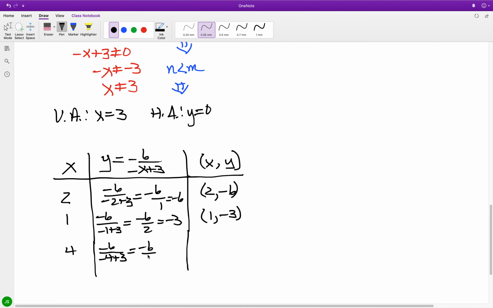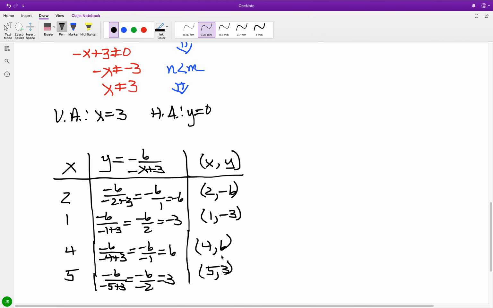So I have negative 6 over negative 1, which comes out to positive 6. So we have 4, 6. Now if I go with x at 5, we have negative 6 over the negative of 5 plus 3. So I have negative 6 over negative 2, which will be a positive 3. And with the ordered pair, I end up at 5, 3.